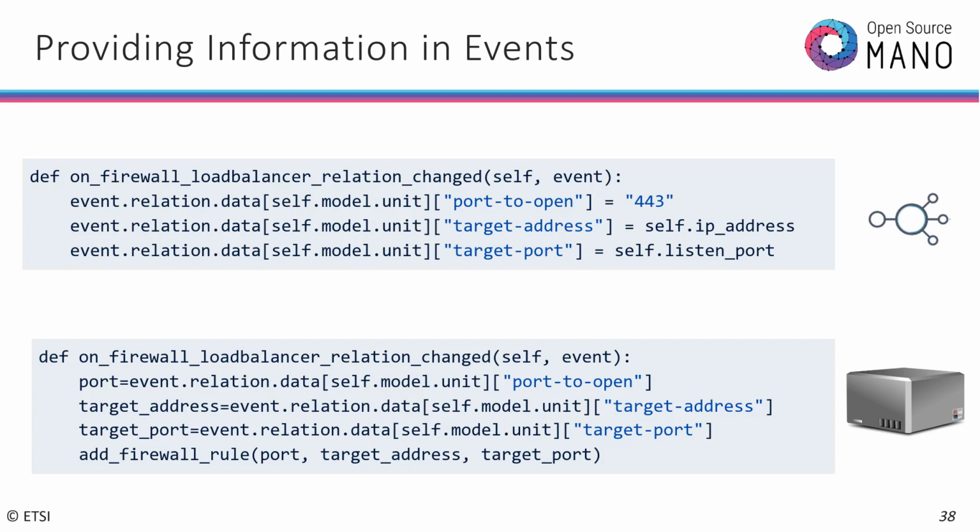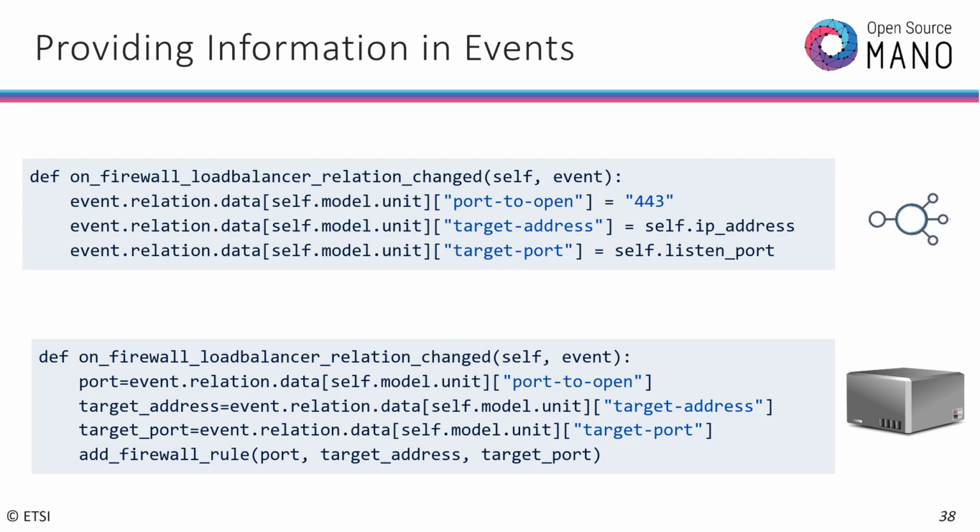So here I'm showing a little code snippet of Python, which can be used inside of the execution environment. A lot of execution environment stuff is written in Python just because it's a relatively straightforward language and easy to use for scripting. And basically, we have on firewall load balancer relation changed, which was the name of the relation that we described in our network service.